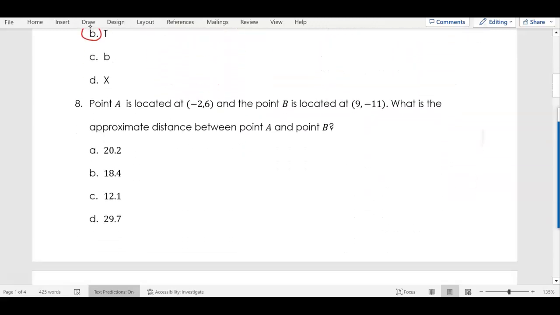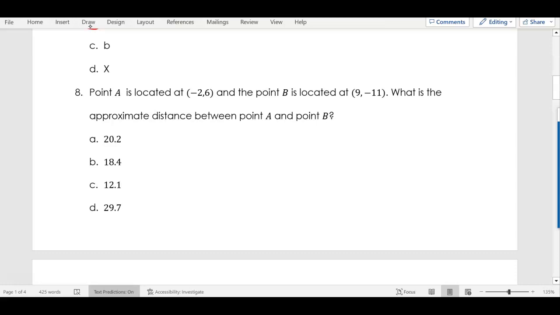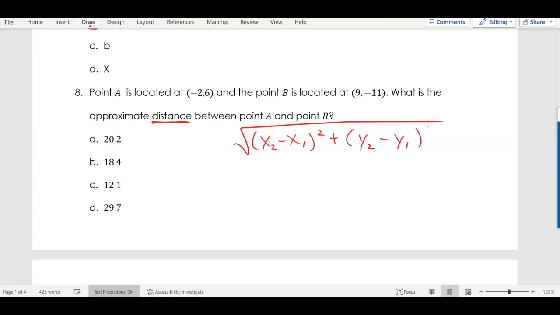All right. Point A is located at (-2, 6), and point B is located at (9, -11). What is the approximate distance? Now, on your notes, you should have the distance formula. We have the square root of (x2 minus x1) squared plus (y2 minus y1) squared.